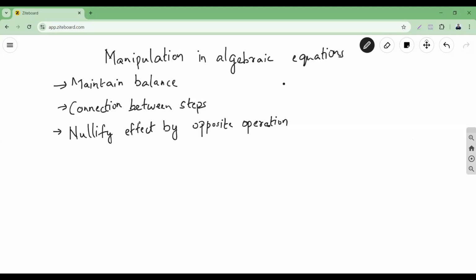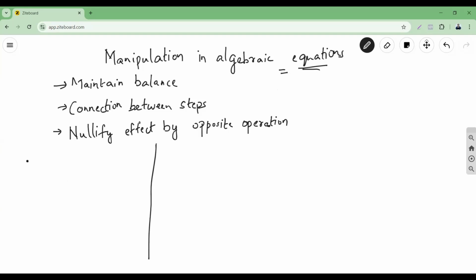Now, how to do these manipulations? For that, you'll have to understand three things. First, you'll have to maintain the balance of the equation, because the equal to sign is there and you have to maintain the balance. What do you mean by maintaining the balance?